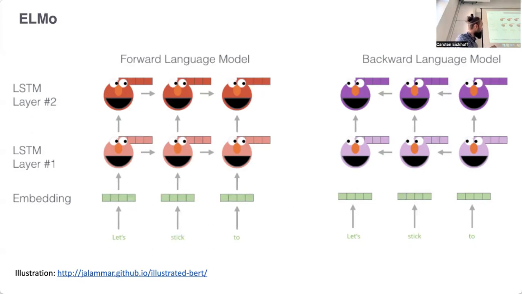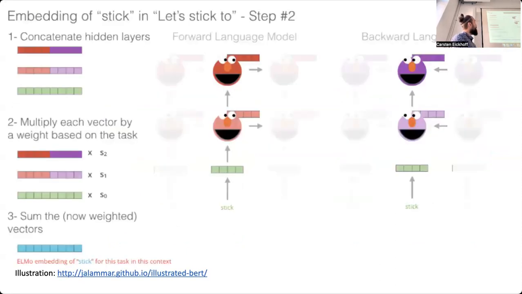where let's stick to, right, my raw words are embedded. This might be your word2vec or something like that. I do my stacked autoencoding from left to right, and I do my stacked autoencoding from right to left. All right. This gives me these guys. I can now concatenate on all levels, right? So I have this word. Well, I don't need to concatenate much there, but I can to preserve shape here. Now I can concatenate on this level.